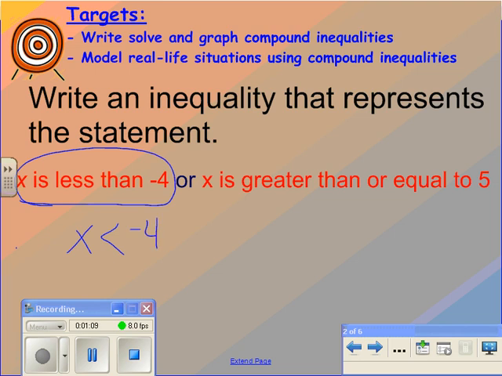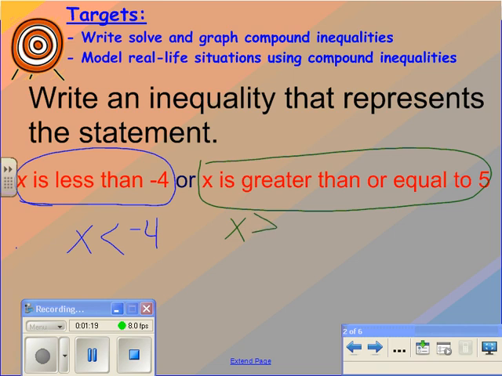Over here on the right side, our second statement is x is greater than or equal to 5. So when we translate this one, we get x, our greater than symbol, with the or equal to part on the bottom, and 5. And as part of writing this statement, it is important that you remember to put the word or in between.